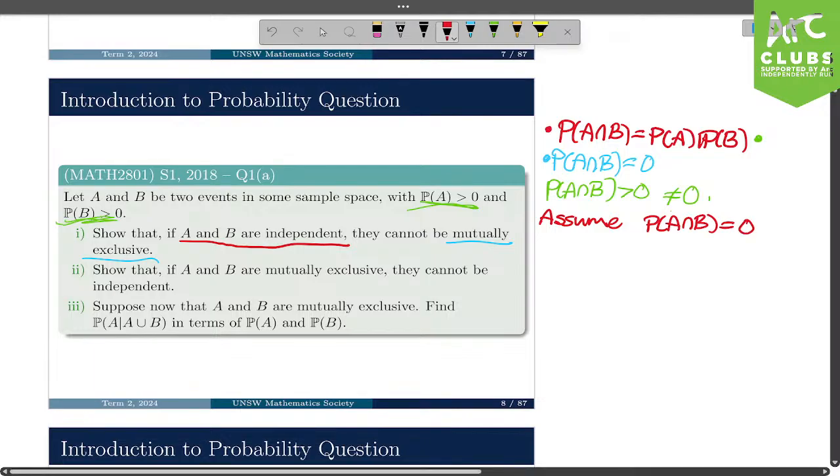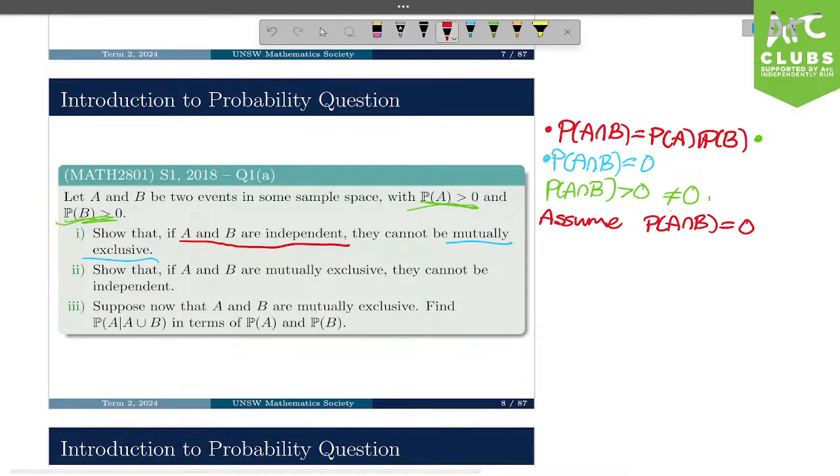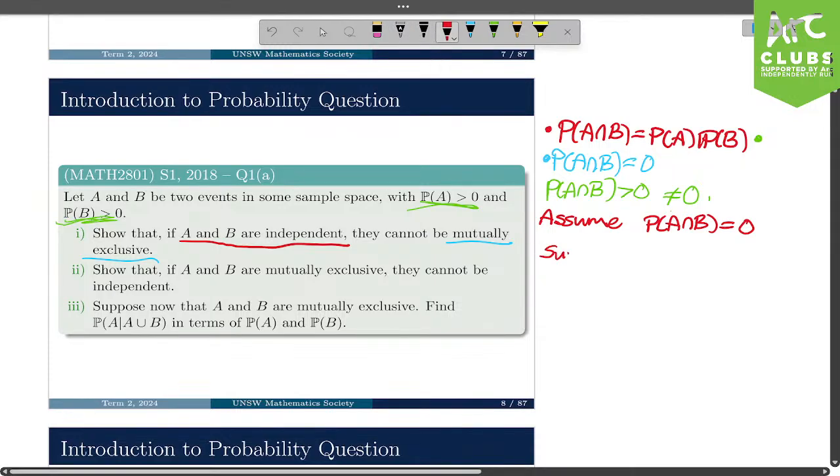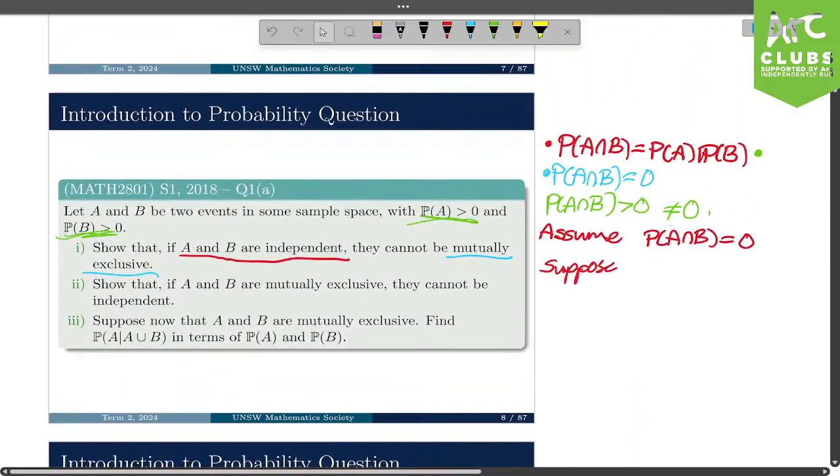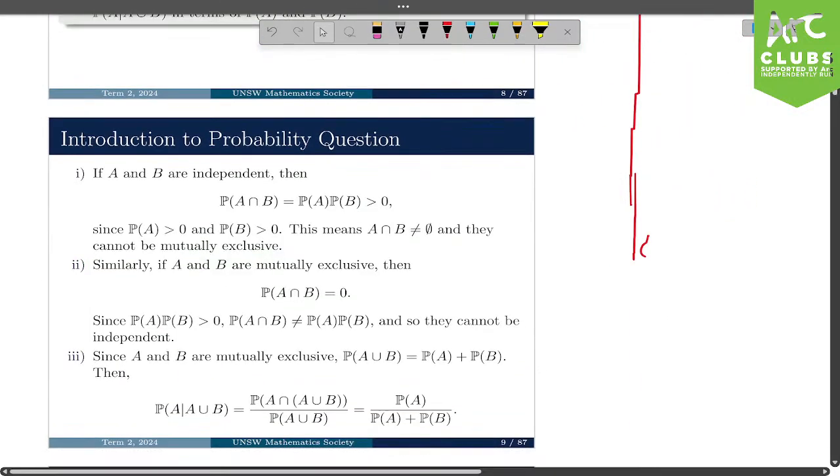So, or maybe that's what we know, and then we can say, well, suppose that they were independent.